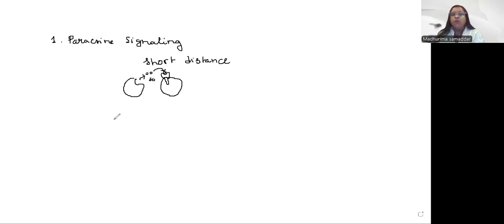is produced. One of the unique examples of paracrine signaling is synaptic signaling, right? So what is that? Where do we find such kind of signaling? In the nerve cell, right? In the neuron. So what happens in the neuron?